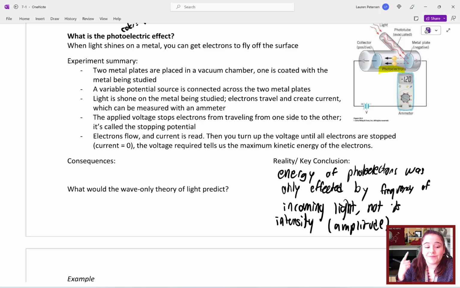Okay? Now, the wave-only theory of light would predict that it doesn't matter. You could just up that energy, up that amplitude.